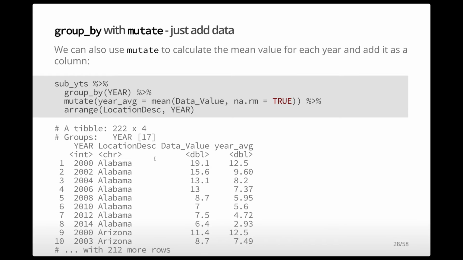So we took sub-YTS before, grouped it by year, and then summarized by the year average. Here, we're mutating the year average, right? So what is that doing? That's saying group the data by year, calculate the year average, and then repeat that number over and over again for each observation in that year. So in 2000, Alabama, first and ninth row, both have the value of 12.5.